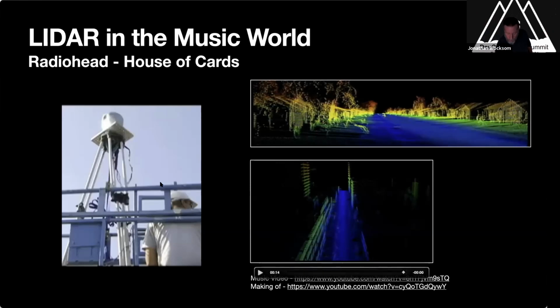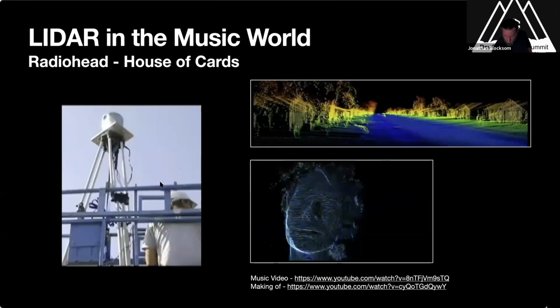Now, this picture on the left, that's the actual sensor that they used. It's a Velodyne LiDAR sensor. The way this one works is it shoots a line and then it spins around really fast.